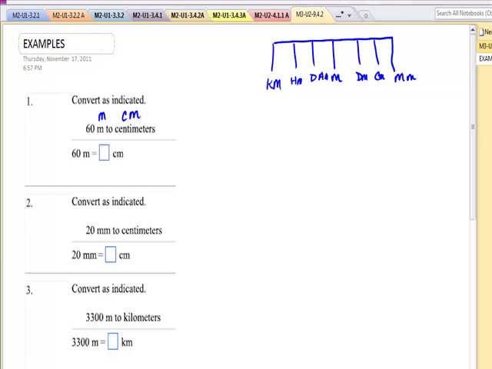So let's look. Here's meters. To centimeters is 1, 2 to the right. It is 2 places to the right. Take the number 60. Where is its decimal point? Well, its whole value, so its decimal is right there. Mimic this. Go 1, 2 to the right. Drop the new decimal point. Going to add in the zeros. This answer is 6,000 centimeters.